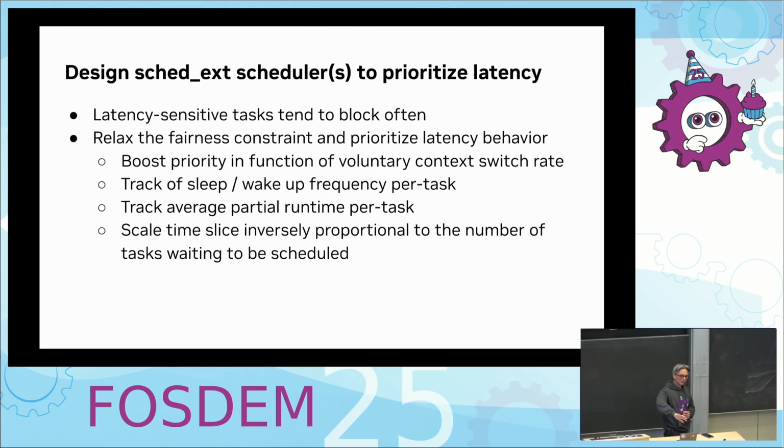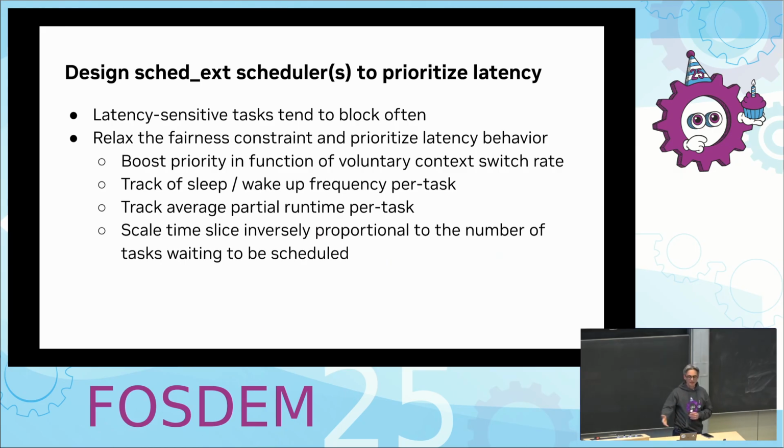And so these are a few things that seem to work really well for gaming. Of course, detecting latency-sensitive tasks is the key. And over-prioritizing these tasks, paying the fairness constraint, is actually a winning situation for this use case.